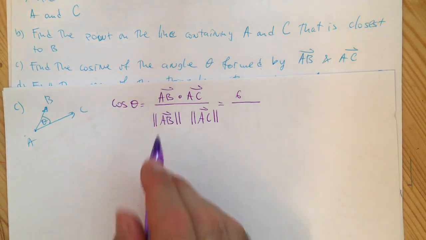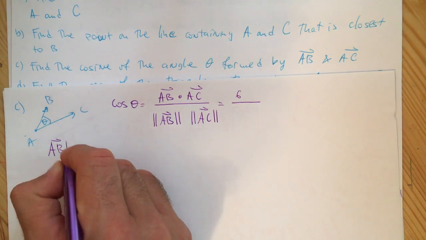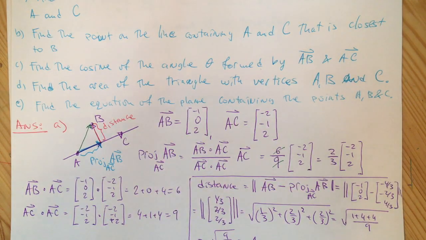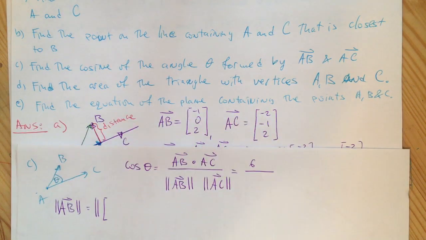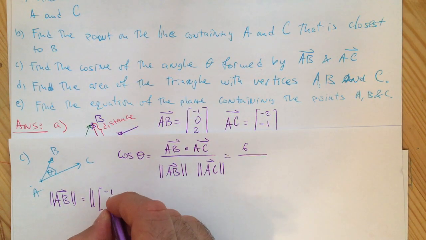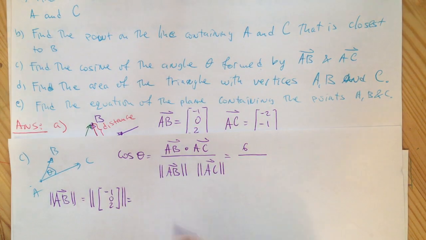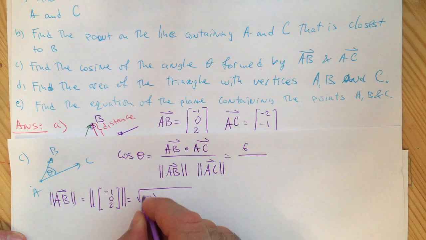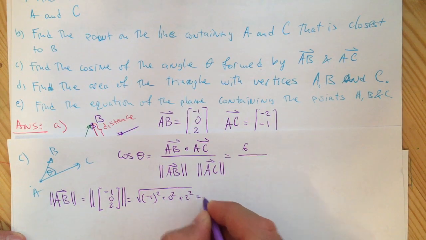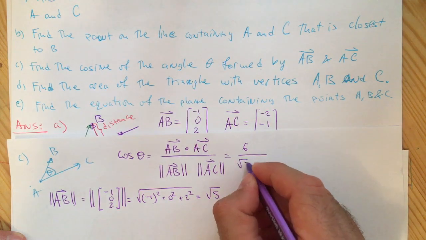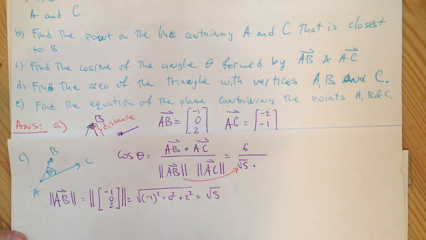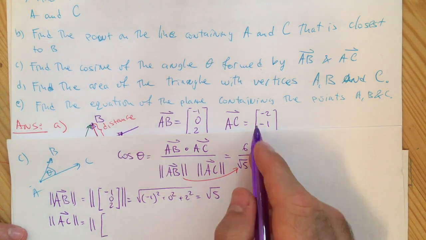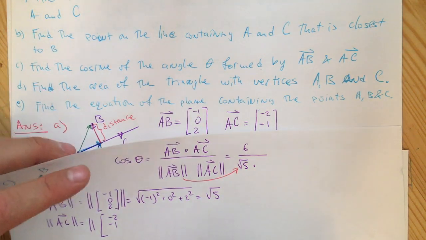Over, and now we have to find the magnitude of AB. AB has coordinates negative 1, 0, 2. That's equal to the square root of negative 1 squared plus 0 squared plus 2 squared. That's the square root of 5. So square root of 5 times the magnitude of AC. And AC has coordinates negative 2, negative 1, 2.